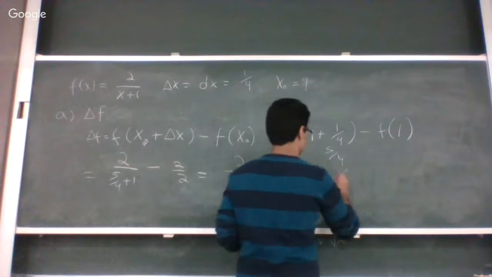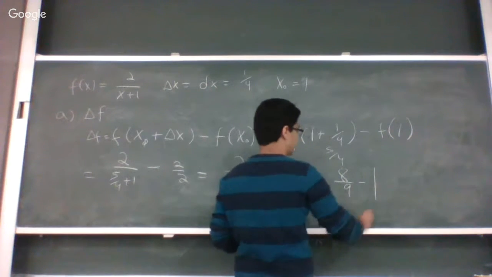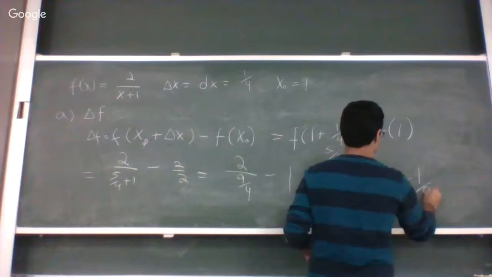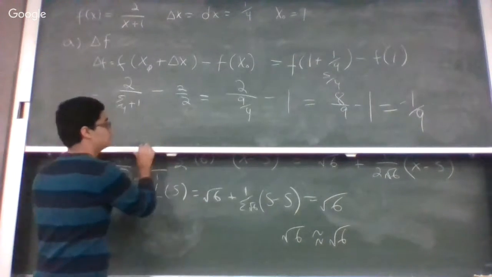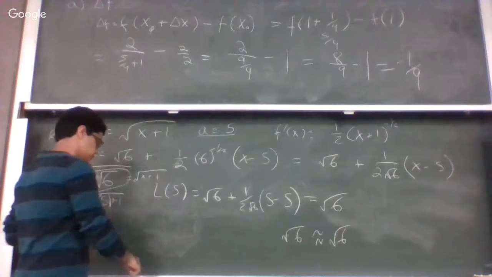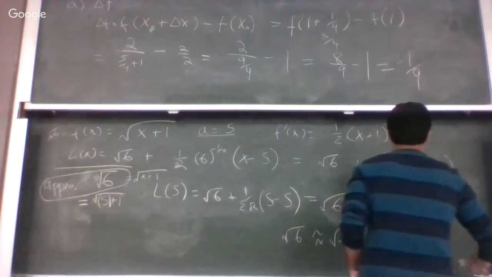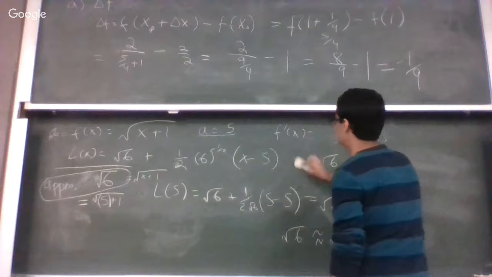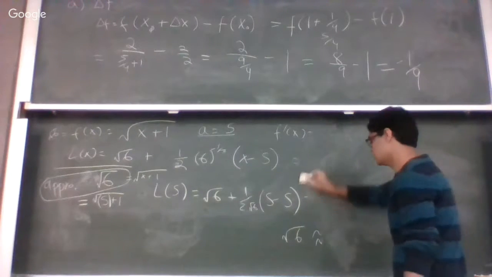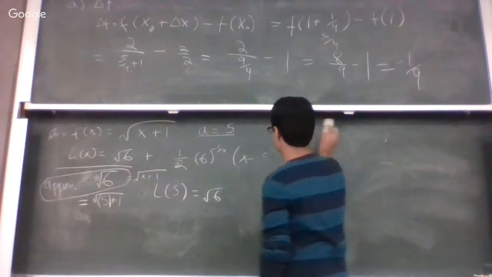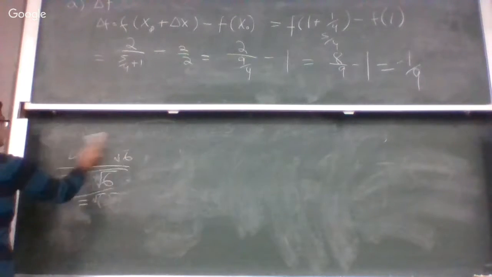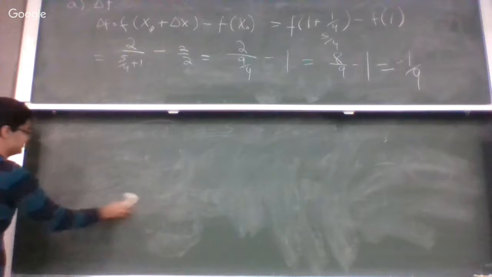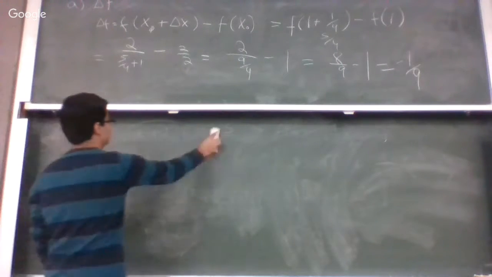Yep. 8 over 9 minus 1 equals minus 1 over 9. So once again, you just have to know the formula. What is the formula saying?